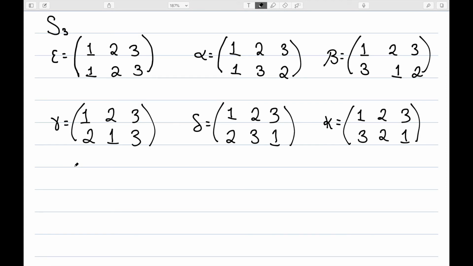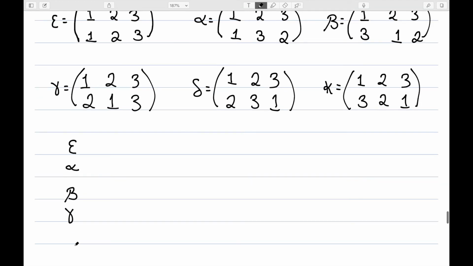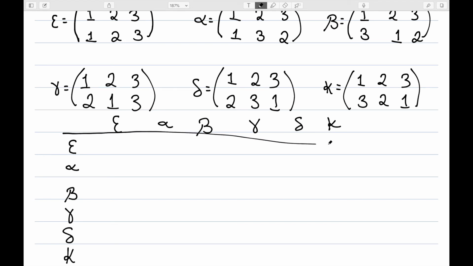Let's look at giving a group table. So we would have epsilon, alpha, beta, gamma, delta, and kappa. Across the top, the same thing. And then we want to build this group table out.